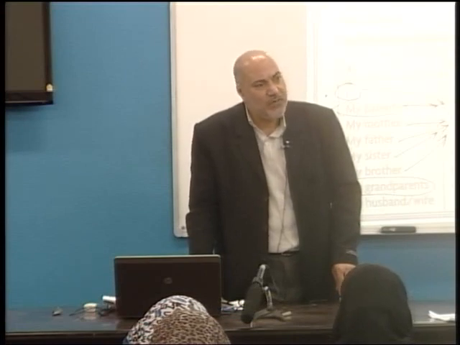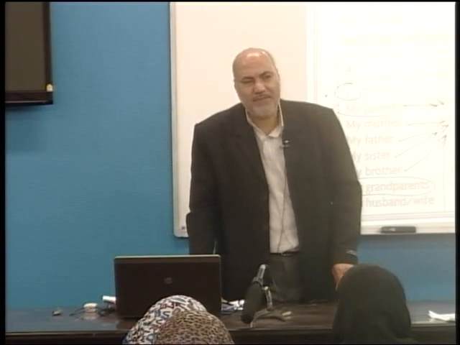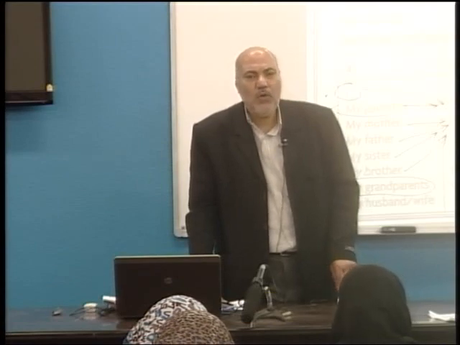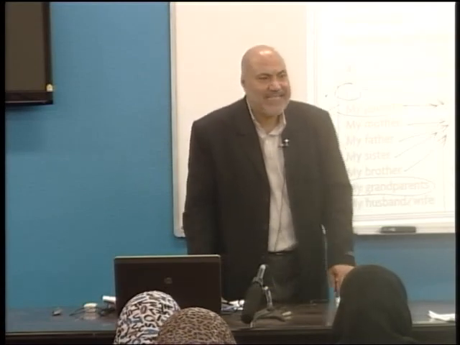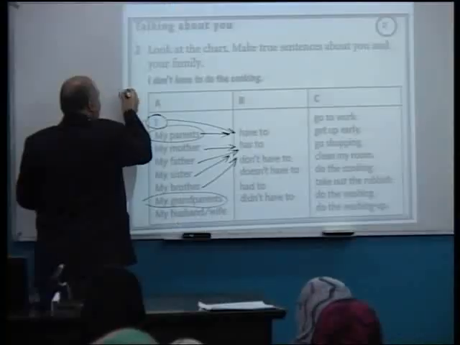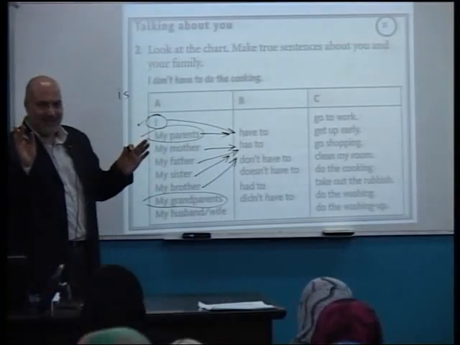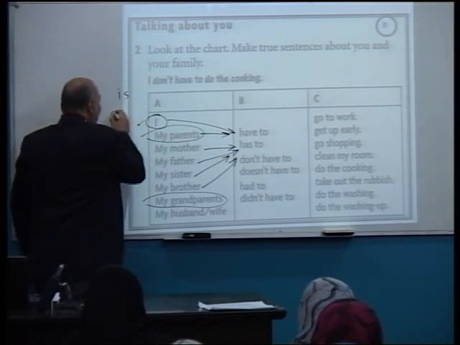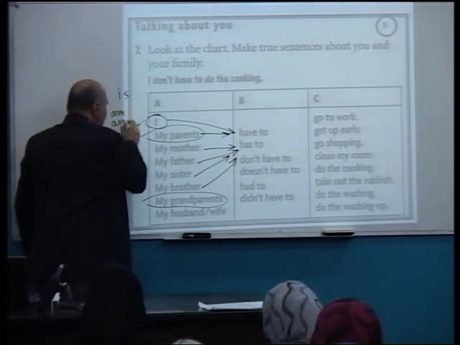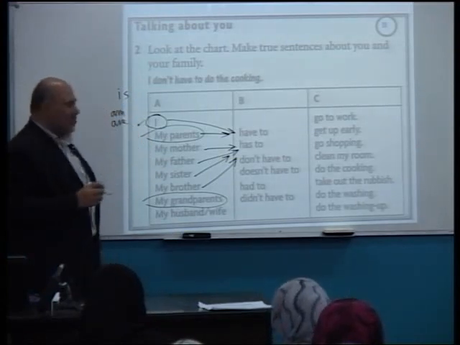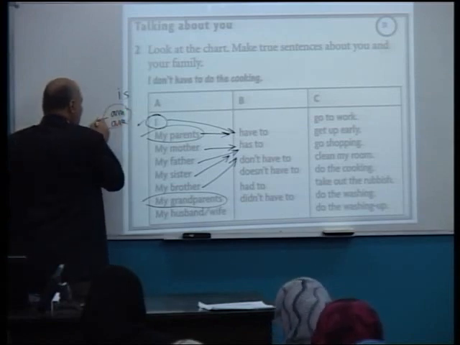I have to. But he, she, it has to. All the pronouns that take is, take has. Those that take am or are, take have. So with these we use have to.